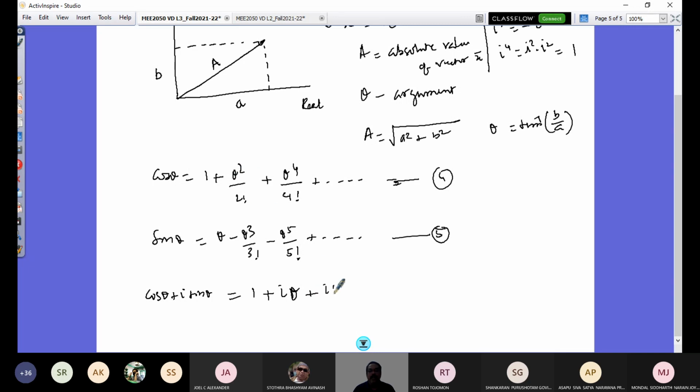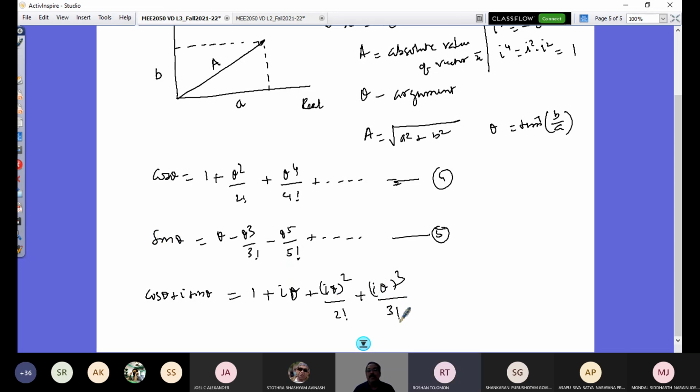What I will do with i theta squared, i squared is minus 1, 2 factorial, and then plus i theta cubed. So i cubed is minus i.